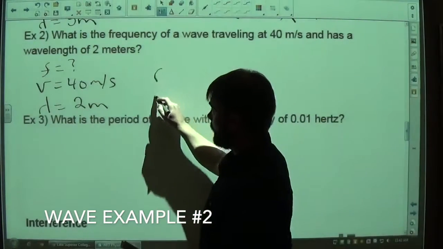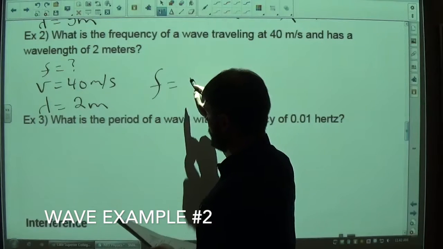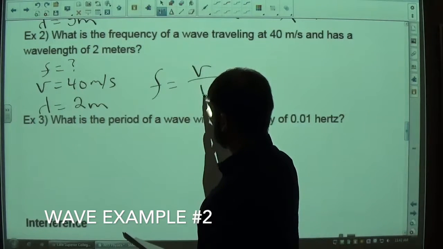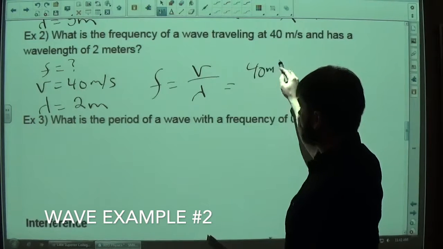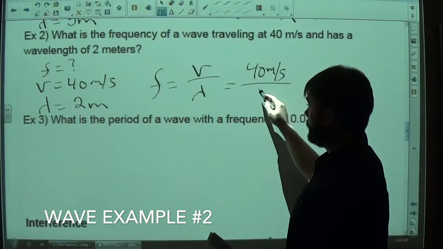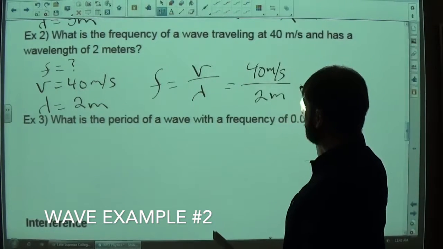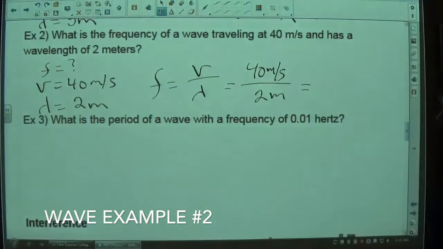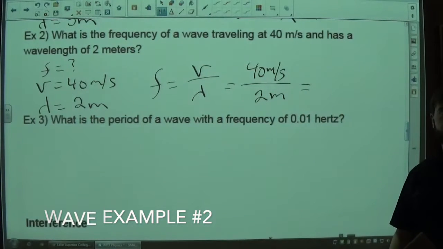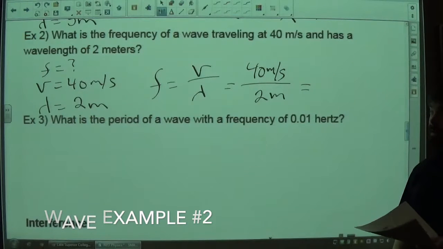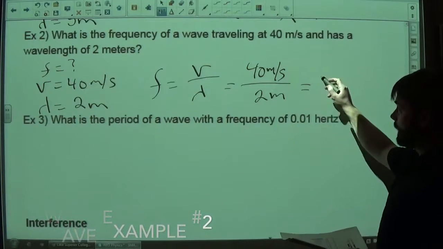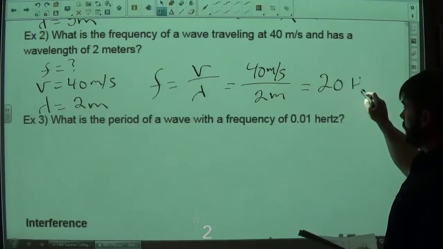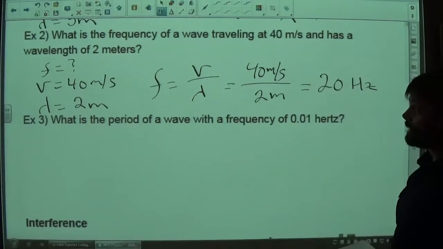So now we're going to look at frequency being equal to the velocity divided by the wavelength lambda. So you take your velocity of 40 meters per second, and you divide that by the wavelength of 2 meters. You can even see how the meters are going to cancel out, and all we're going to be left with is 1 over a second, which is the same as a hertz. So 40 divided by 2 gives me 20 hertz, or 1 over s.